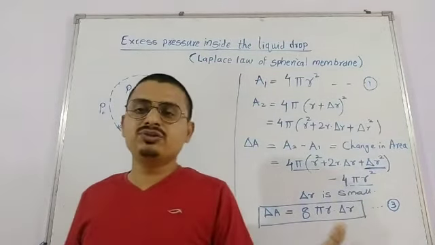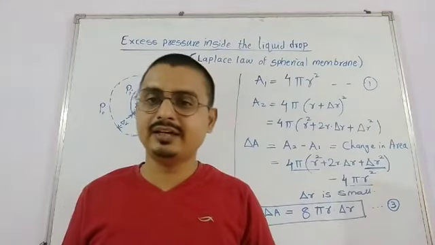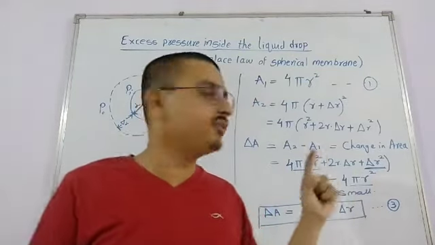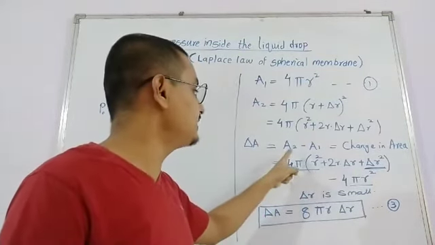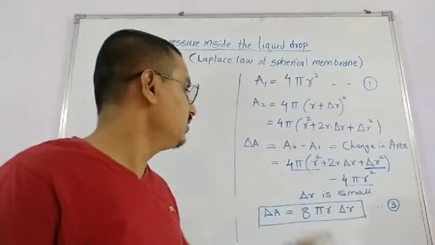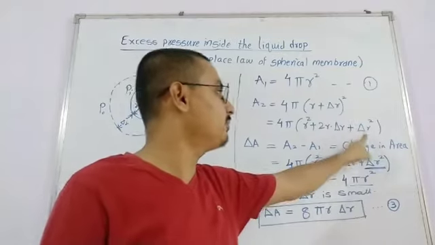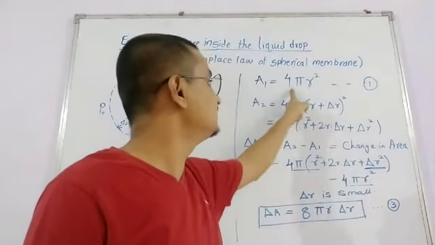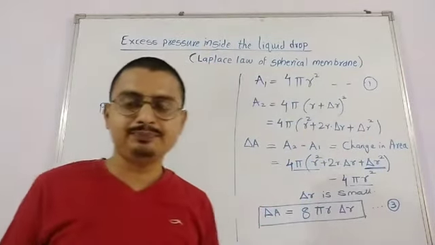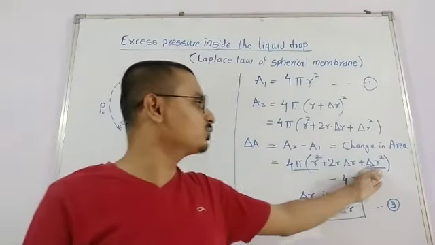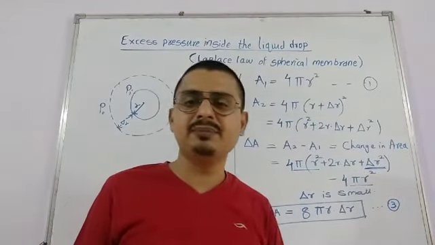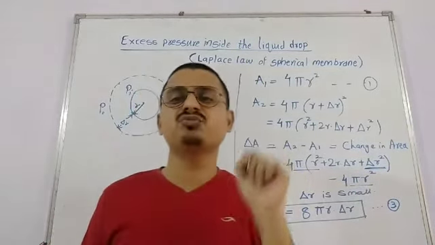Now we are going to take the change in surface area. This change in surface area, that is A2 minus A1, is 4 pi r square plus 2r delta r plus delta r square, minus this 4 pi r square. Here the delta r square term is negligible because delta r itself is very small.